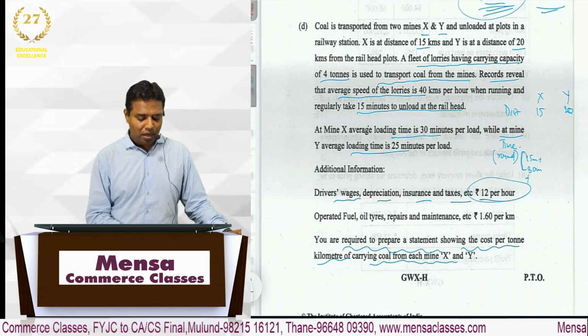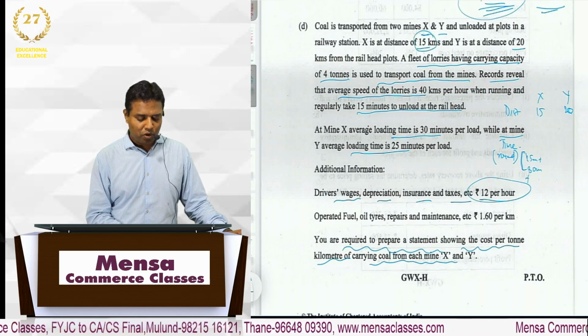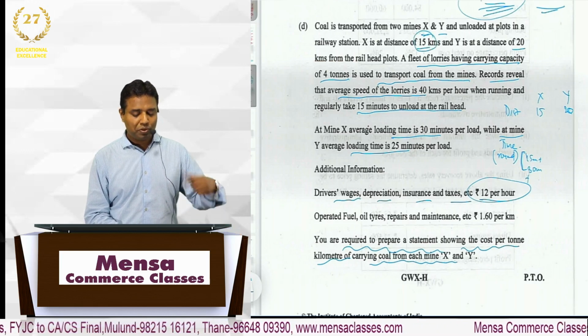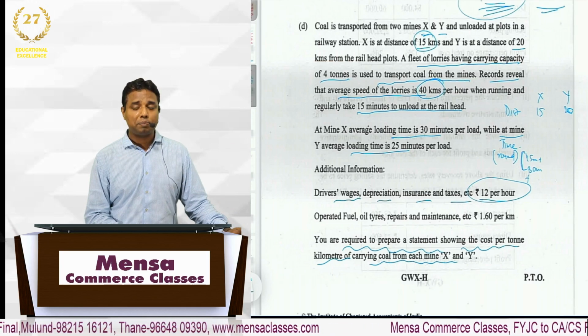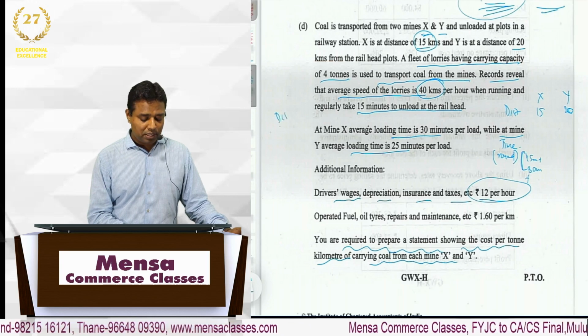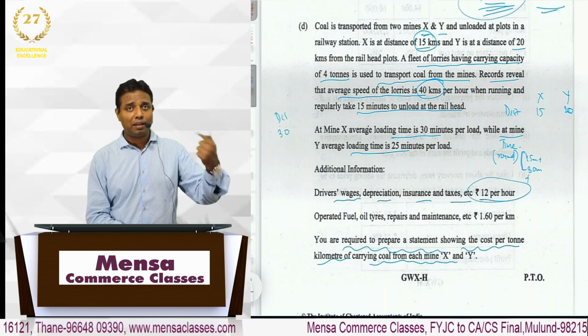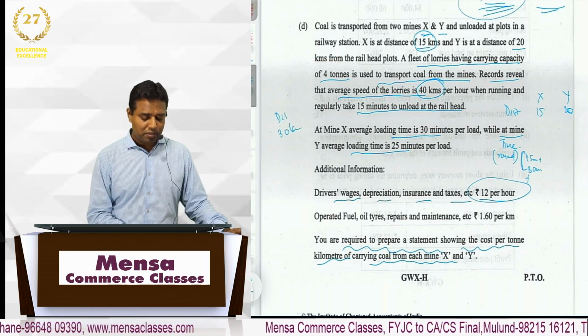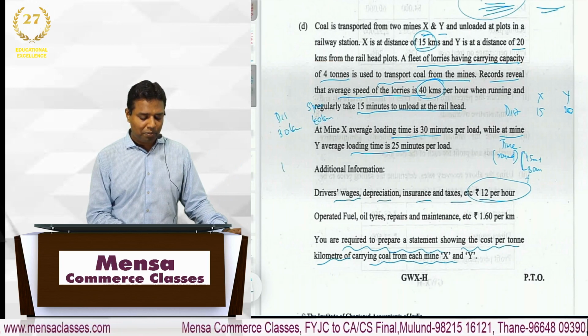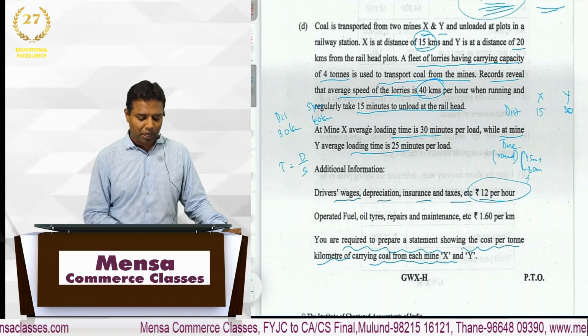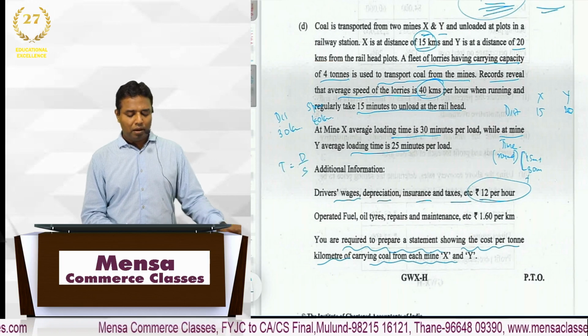Travel takes how much? 15 kilometers is a travel, so 15 plus 15, 30 kilometers, because you're going and coming back. So the total distance is 30 kilometers and the speed is 40 kilometers per hour. So the time taken will be distance upon speed, that will be 0.75 hours.